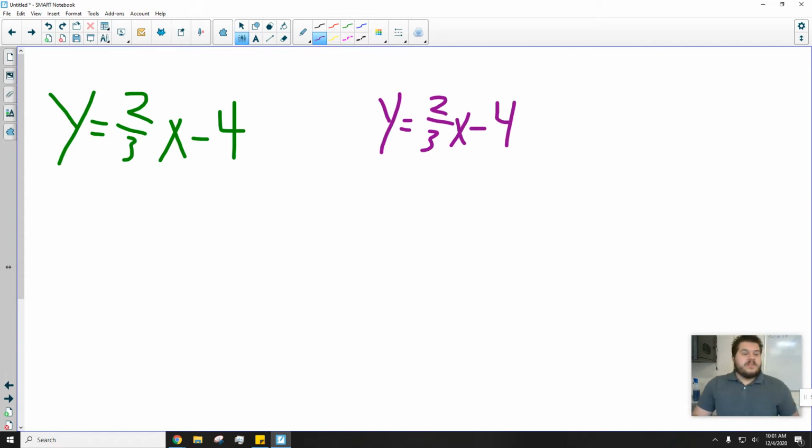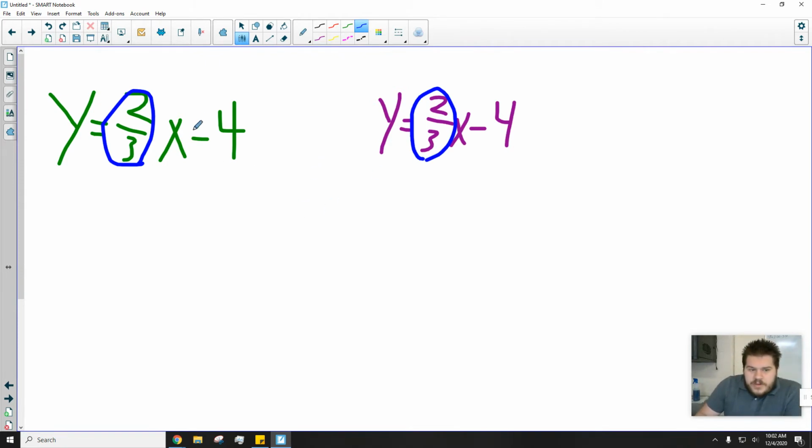Let's say I had two lines, y equals 2/3x minus 4 and y equals 2/3x minus 4. Are the slopes the same? Well, yeah, they have the same slope as last time, so they're both 2/3. So they're good in that regard. But if we look, these numbers here, those are the same too, aren't they?